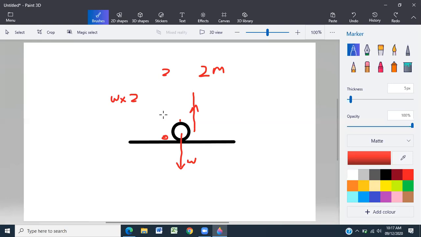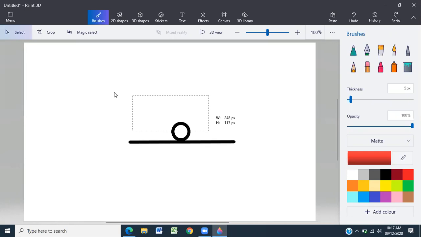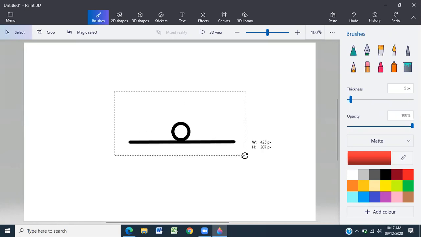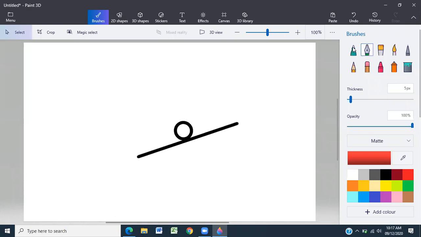Now, with this inclined plane, we noticed that we wouldn't have to oppose the full magnitude of the weight.